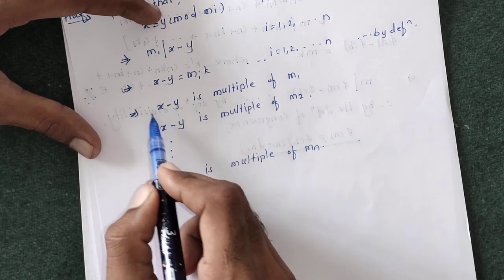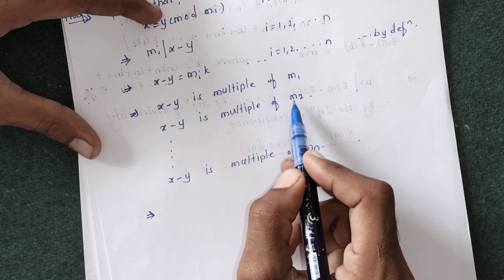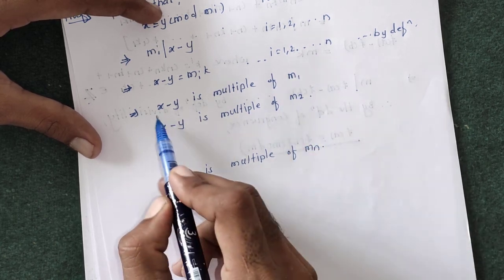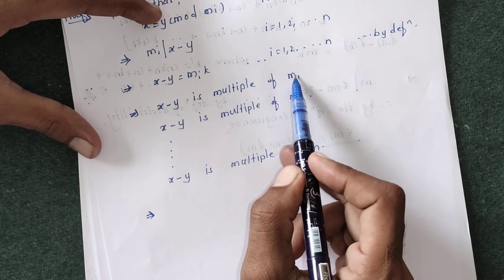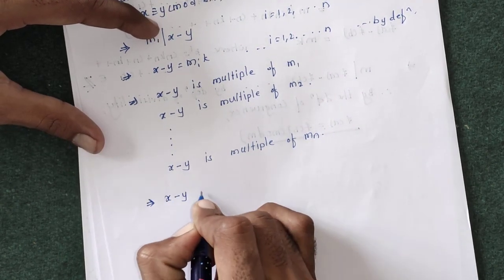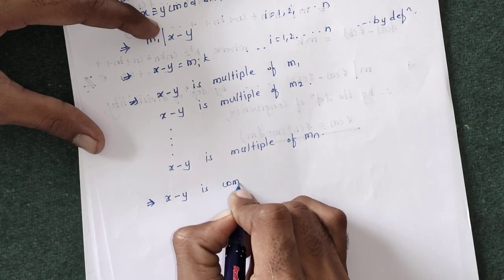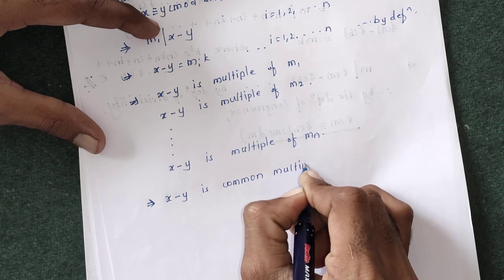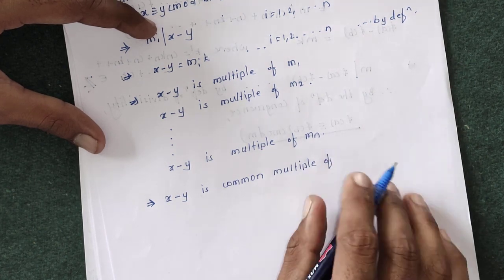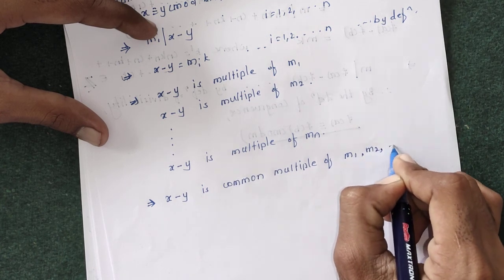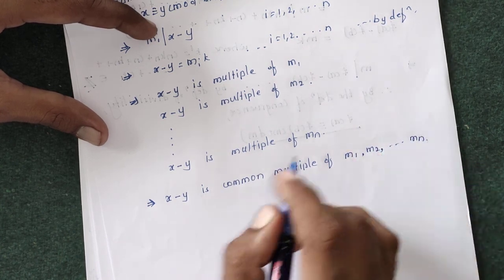This gives us that x minus y is a common multiple of all the mi's, that is m1, m2, up to mn.